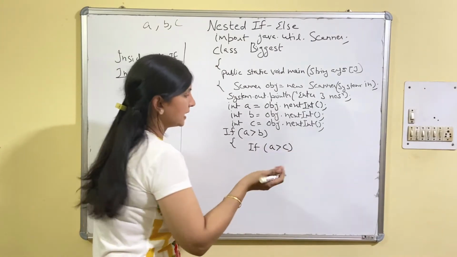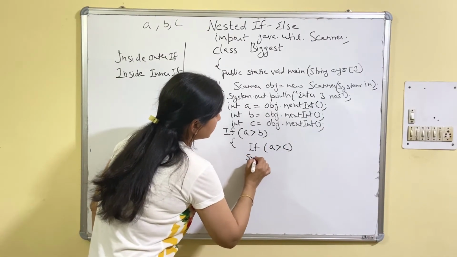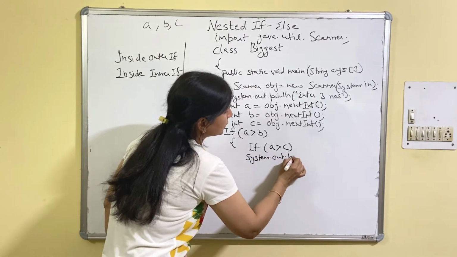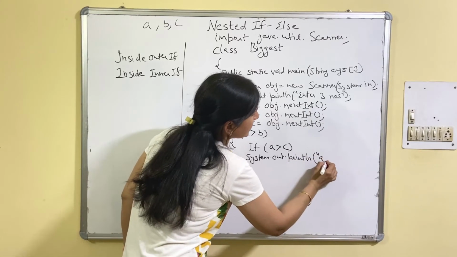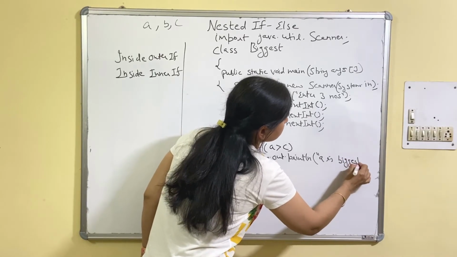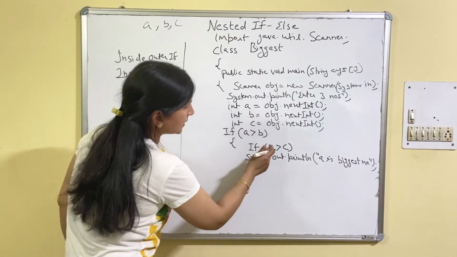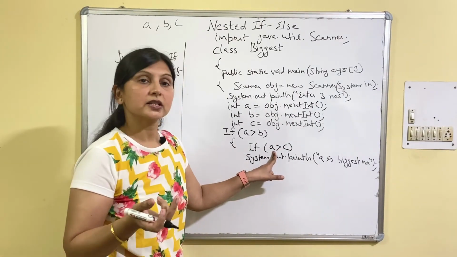So if a is also greater than c, then in that case we will display System.out.println a is biggest number or greatest number. Fine. Otherwise means a is smaller than c.